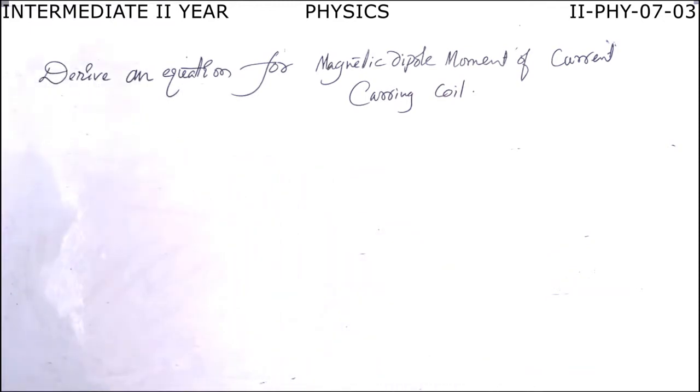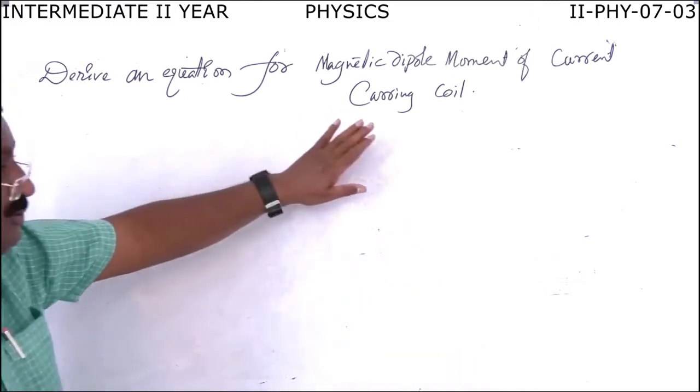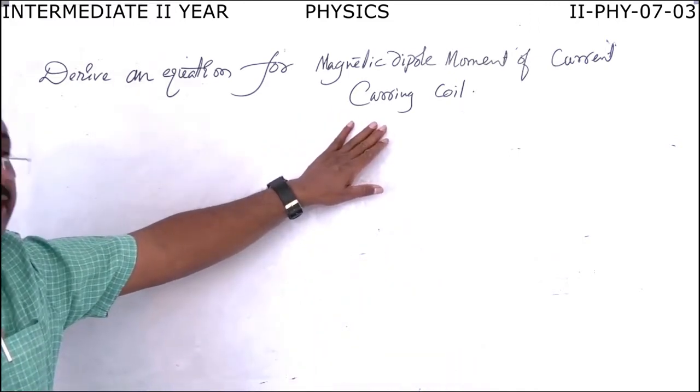So what is magnetic dipole moment? The two poles of the current carrying coil are described by the magnetic dipole moment. Magnetic dipole moment explains the strength of the magnetic field produced by the current carrying coil.